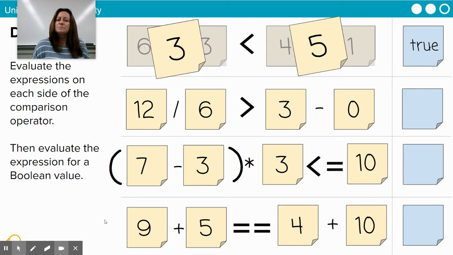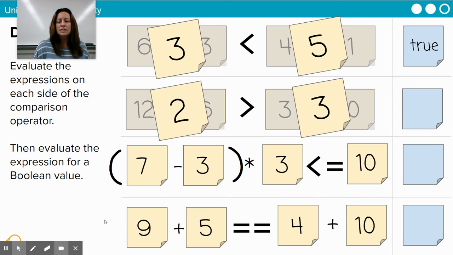That's true. The next one, 12 divided by 6 is 2, 3 minus 0 is 3, 2 is greater than 3, false.